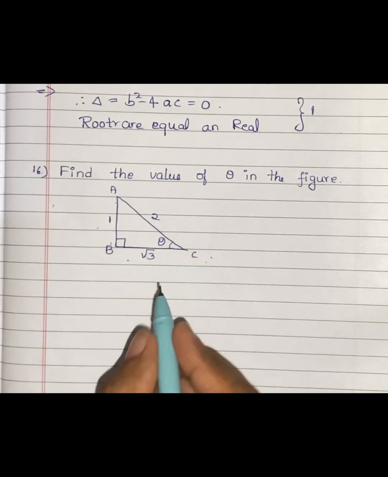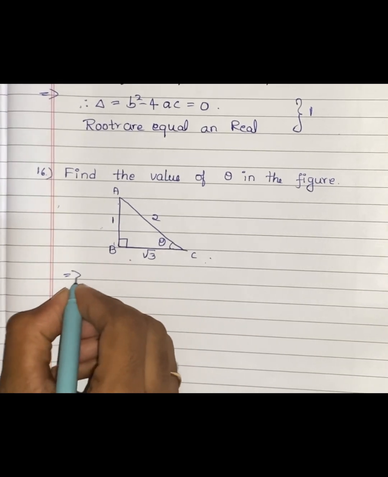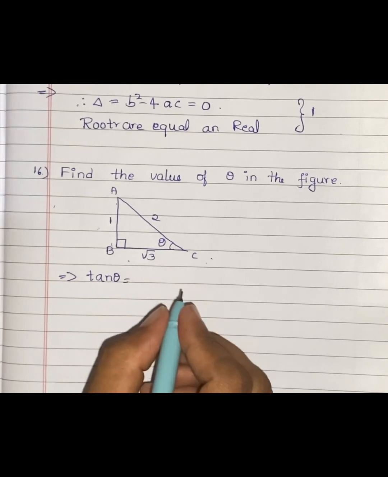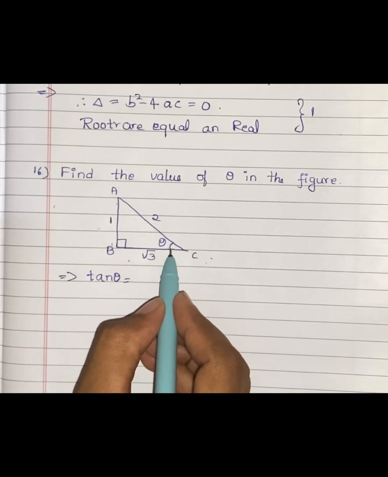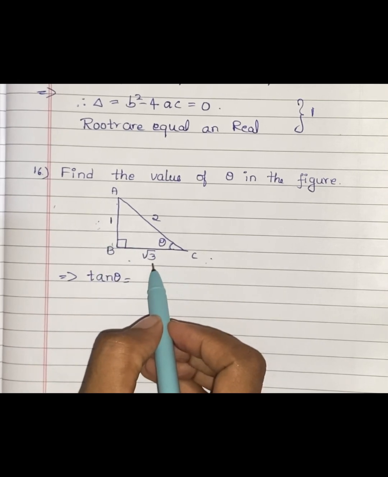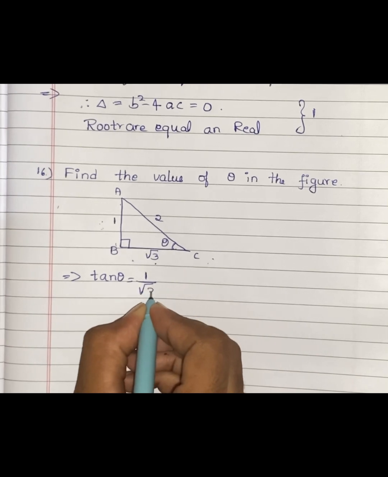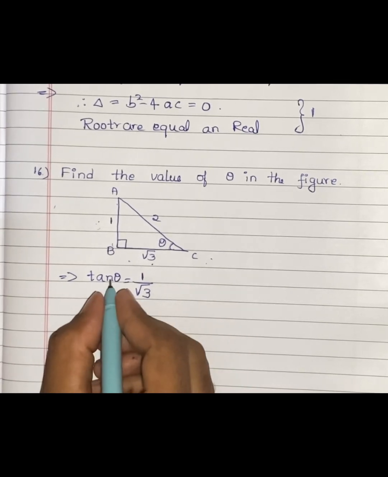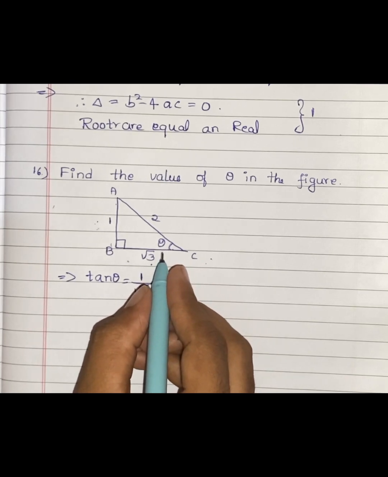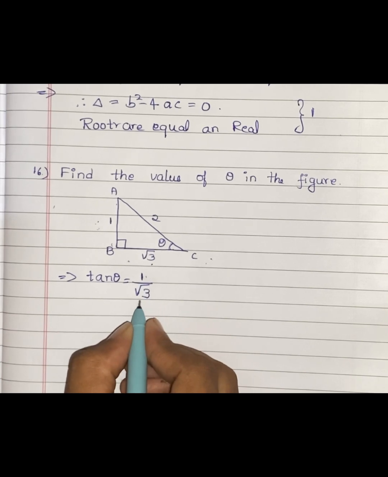To find theta, tan theta is opposite by adjacent. If theta is here, then this is opposite and this is adjacent. Opposite is 1, adjacent value is root 3, so tan theta is 1 by root 3.